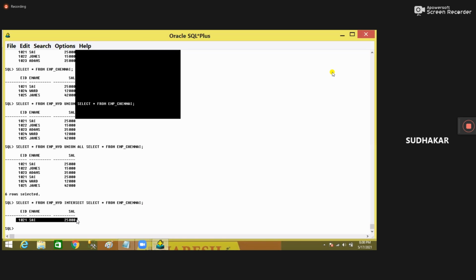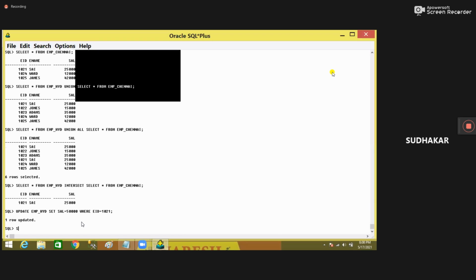Suppose, for example, in these two tables, I am going to change any one table now. Update EMP underscore Hyderabad set salary equals 50,000 where EID equals 1021.